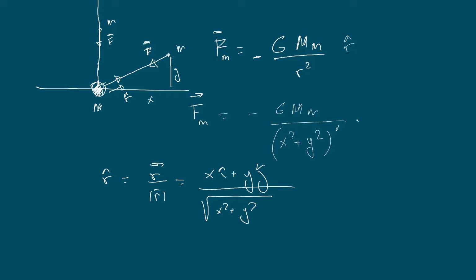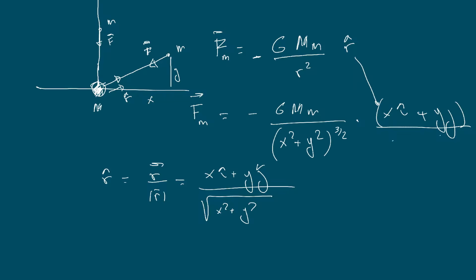Now I can put here the vector r: xi plus yj divided by the square root of x squared plus y squared. So x squared plus y squared to the 1/2 in the denominator, combined with the r squared, becomes x squared plus y squared to the 3/2.